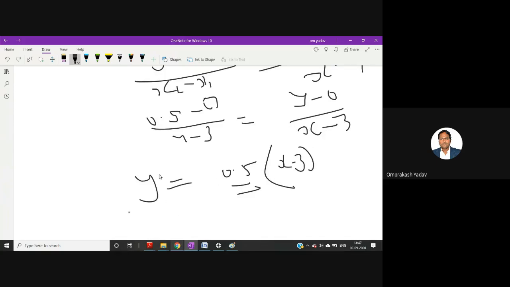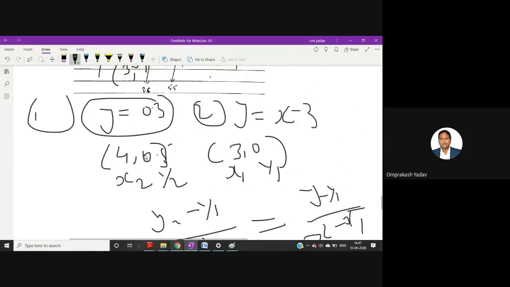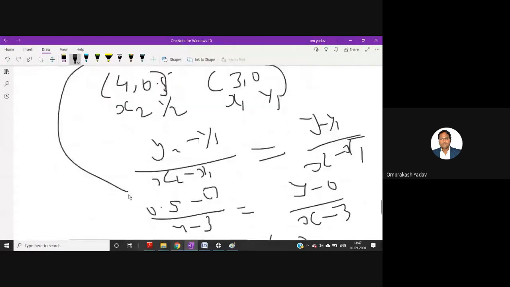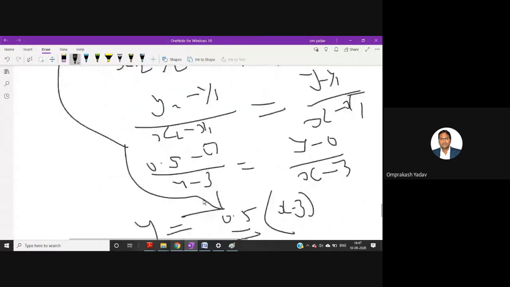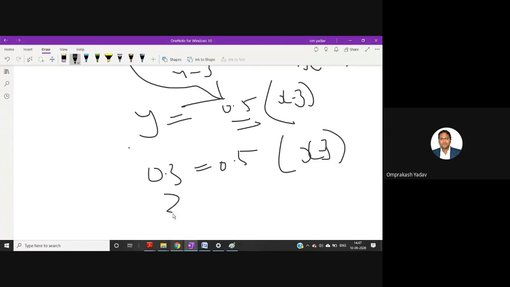Now the first point is what? y equal to 0.3. So I'll substitute y equal to 0.3 in this particular equation. So 0.3 equal to 0.5 (x minus 3). So this will be 3 by 5 equal to x minus 3.